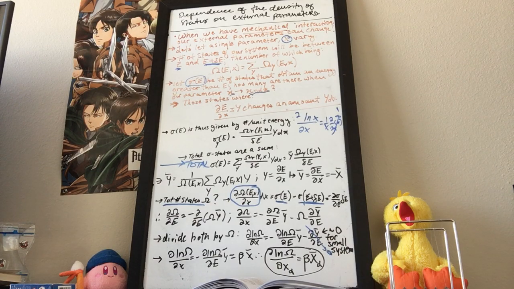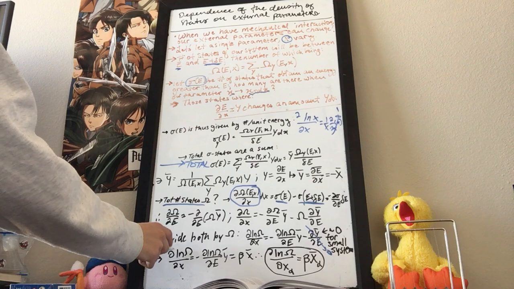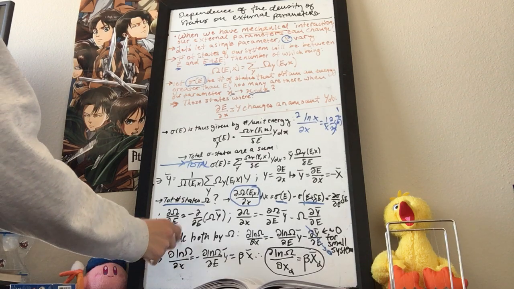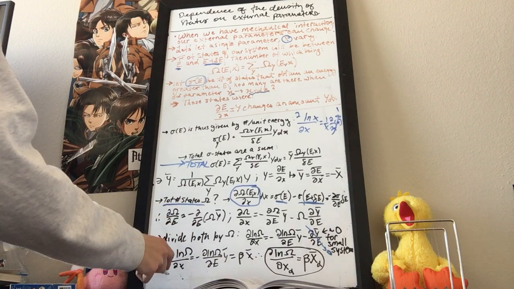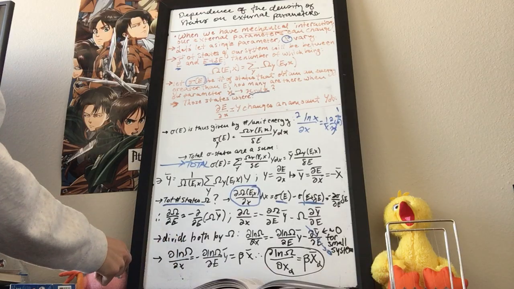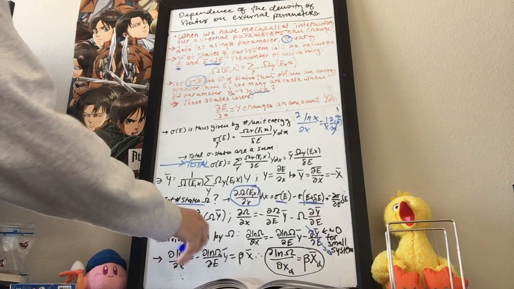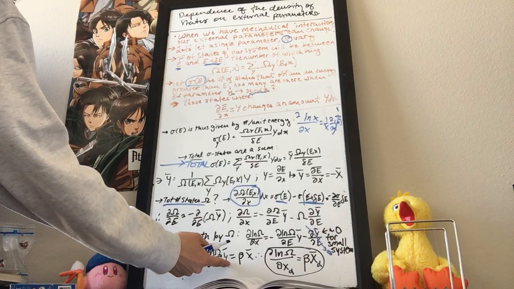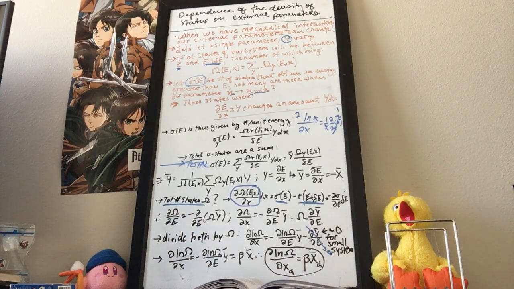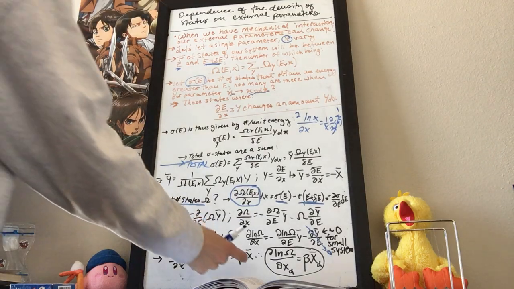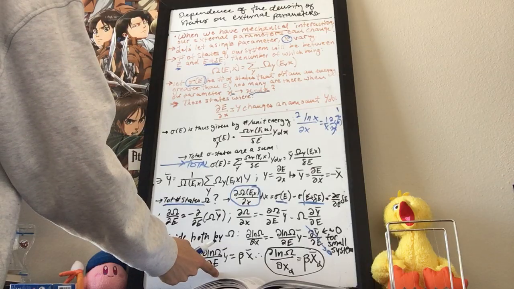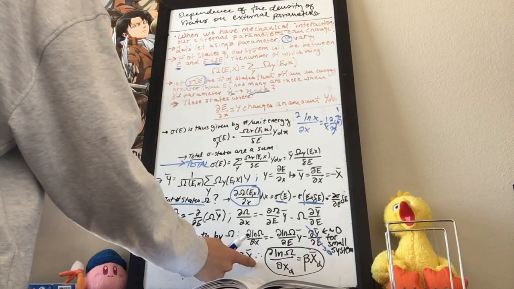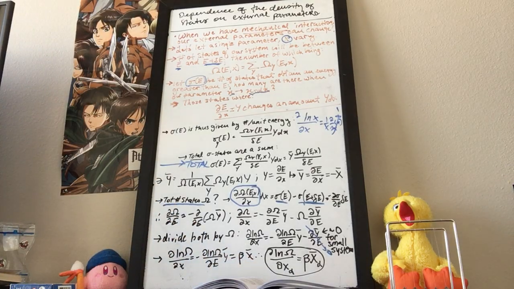So what that leaves us with is that the partial differential of the natural logarithm of our state omega with respect to our mechanical parameter x is equal to the negative partial of the natural logarithm of omega with respect to our energy times our value y bar, and then that itself, because we've already defined what this is equal to, is beta times our average mechanical force conjugate to x.